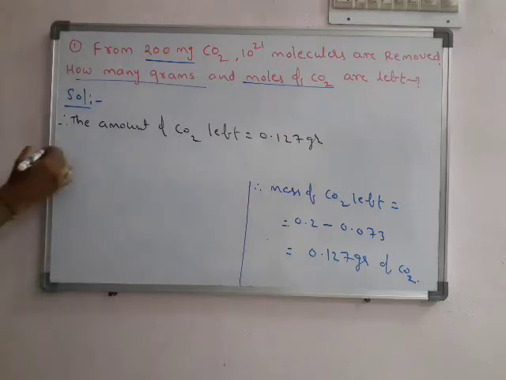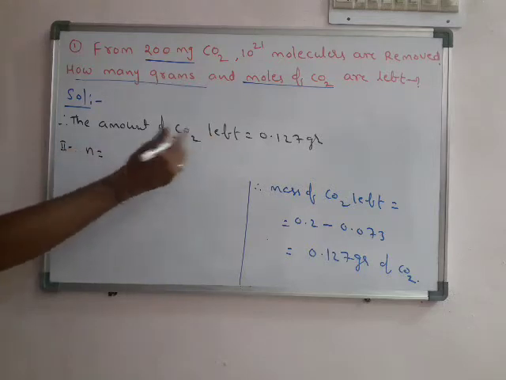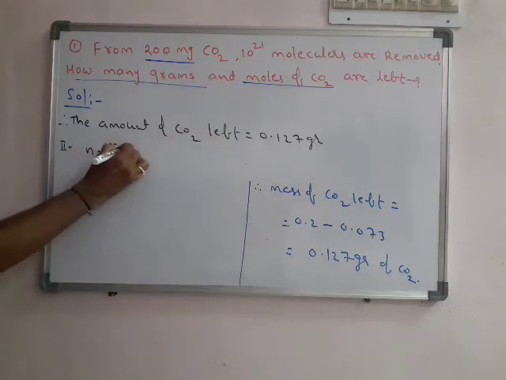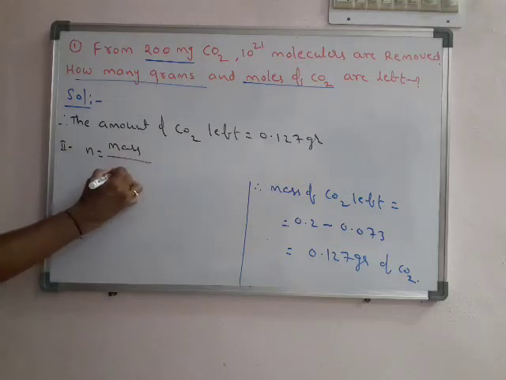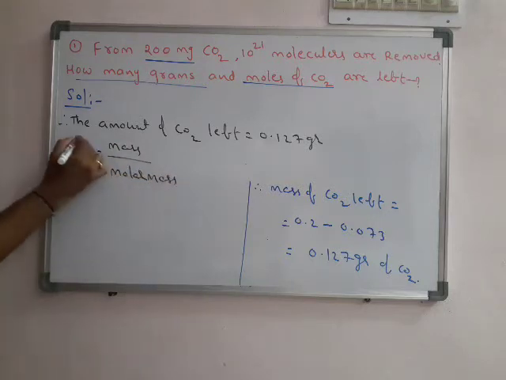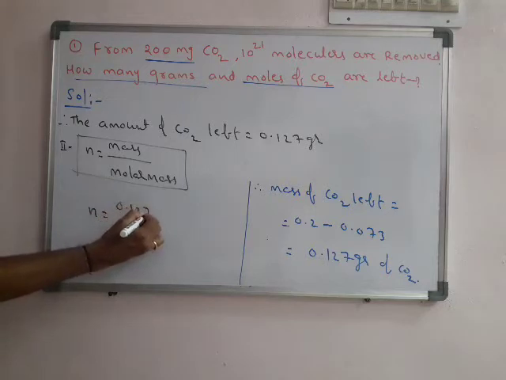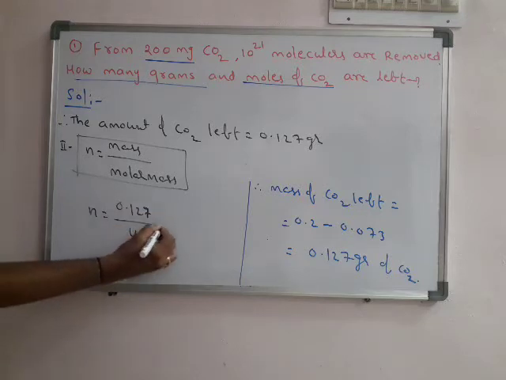Okay, so next, the second problem ఏంటంటే number of moles; already we know the mass. Number of moles equals, what is the formula? If you know the mass, the formula is mass by molar mass. Okay, what is the mass? 0.127 grams, so 0.127 by molar mass, which is 44.